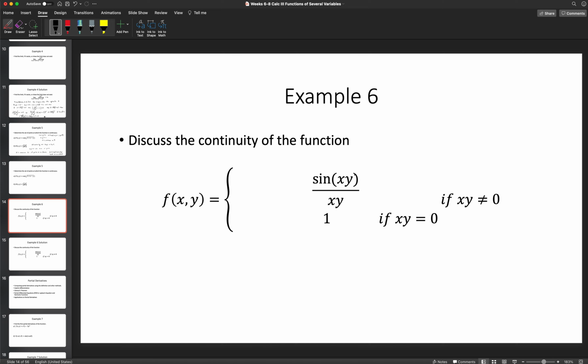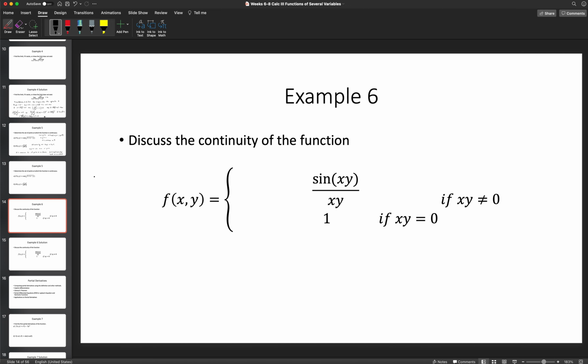So here we have a piecewise defined function: sine of xy over xy if xy is not 0, and 1 if xy is 0. Now think about continuity in general at a point.